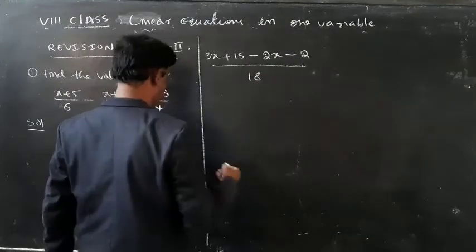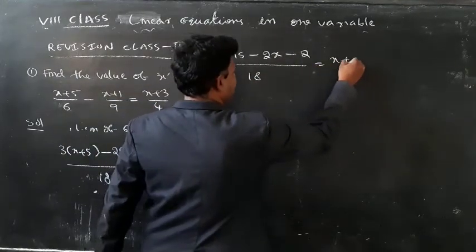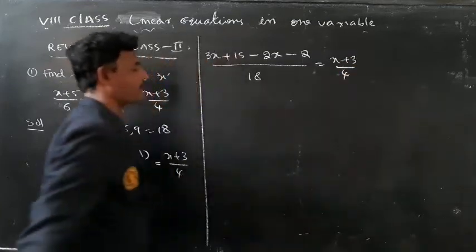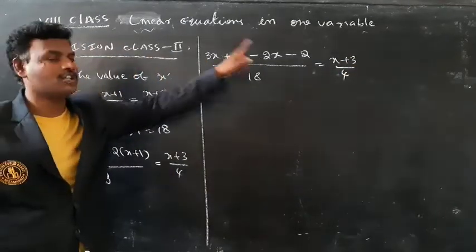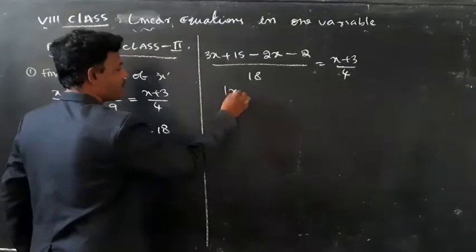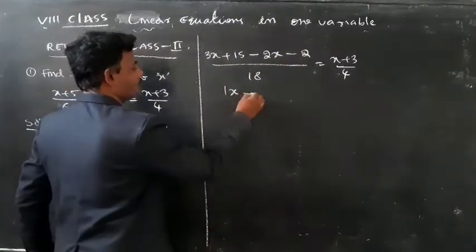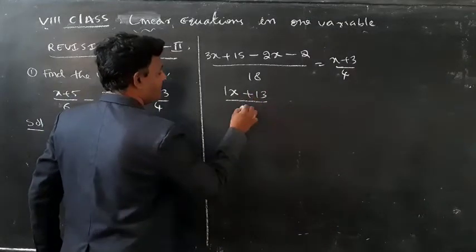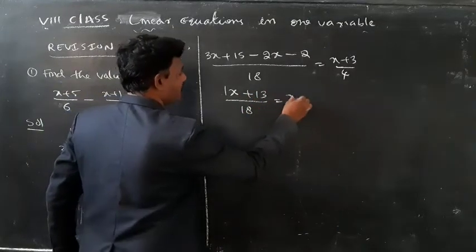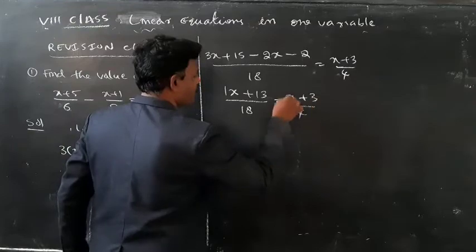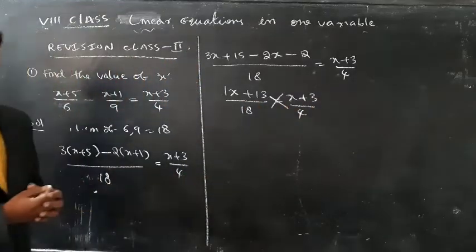By 18 is equal to (x plus 3) by 4. 3x minus 2x, 1x, plus 15 minus 2, plus 13 by 18 is equal to (x plus 3) by 4. Now I am doing cross multiplication.